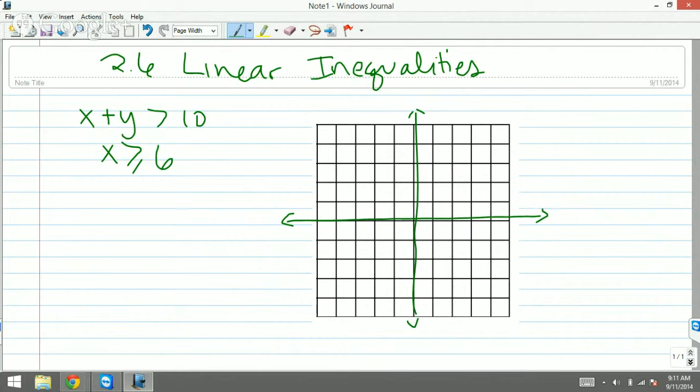X is greater than or equal to 6. We're going to have to scale this to fit it on our grid.